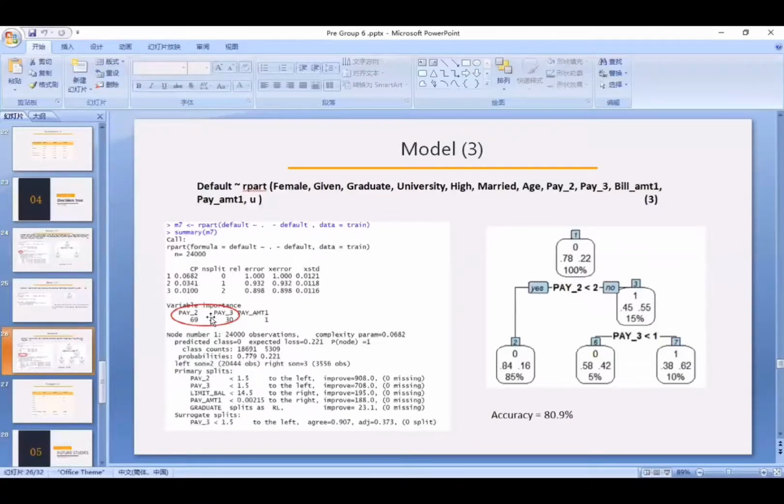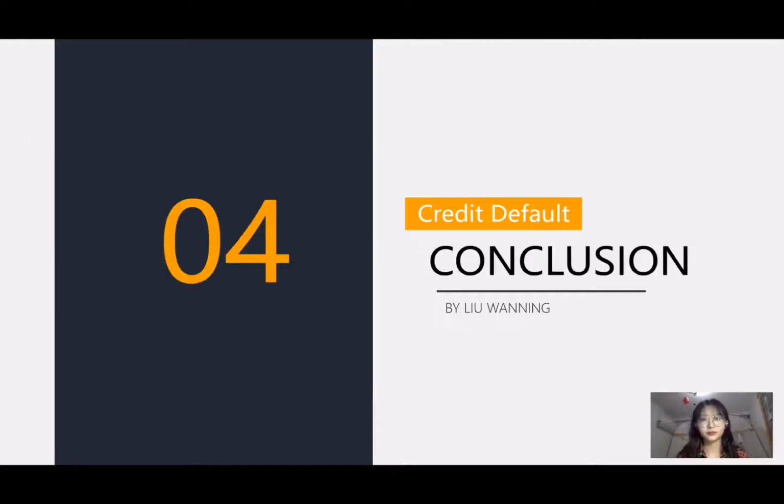That means that P2 and P3 can be used as desired characteristics, and then we can get the decision tree in model 3. This is model 3's decision tree. This is all in this part.